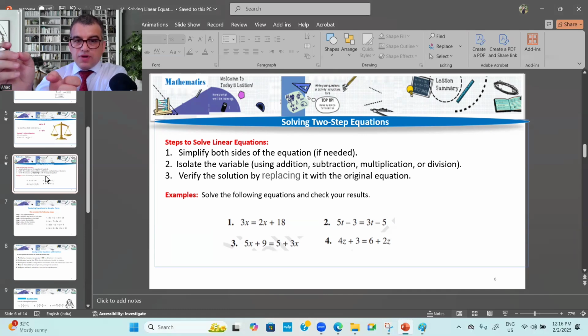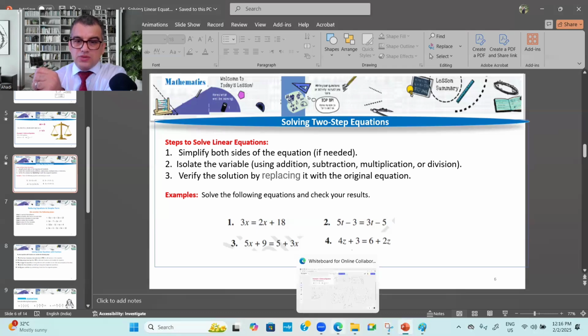Third step, verify the solution by replacing it in the original equation. To check our answer, we put the value of the variable that we got into the original equation. Then if we get both sides of the equation the same, our answer is true.